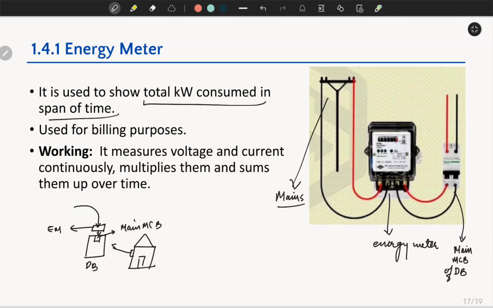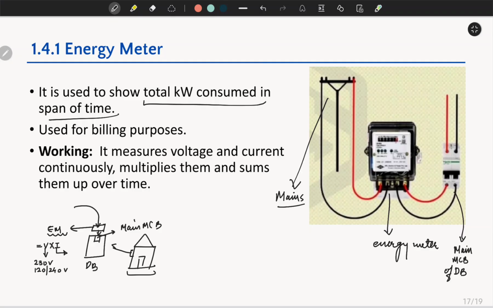Now what this energy meter is internally doing is basically getting a multiplied effect of voltage and current drawn, because the voltage is fixed by supply. It will be either 230 volt in case of IEC, or 220 or 240 volt in case of NEC. So this voltage is fixed, but what is changing is the current drawn by the different loads of my house.